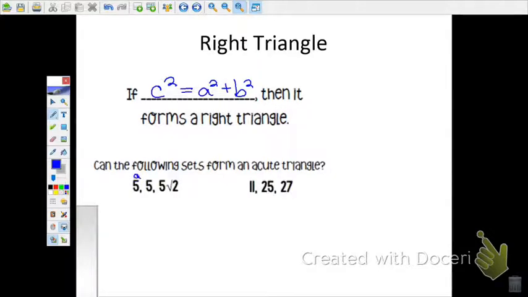So again, I've got my a, b, and c. So I have 5 square root of 2 squared, question mark, 5 squared plus 5 squared. So when I square 5 square root of 2, what am I going to get?